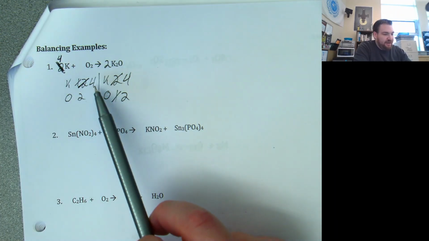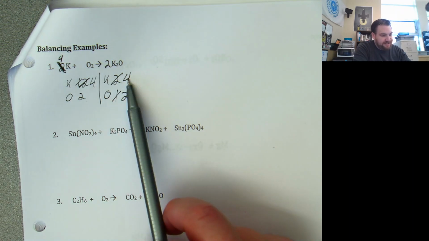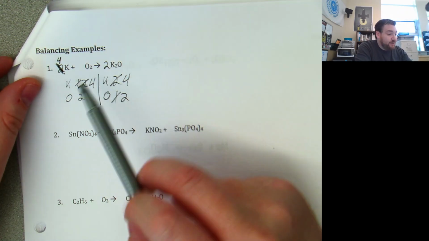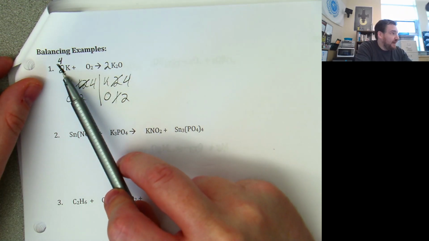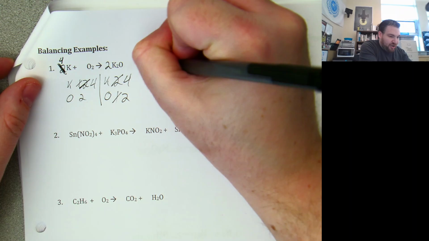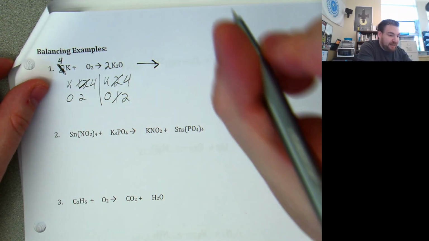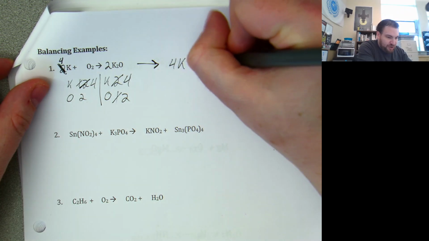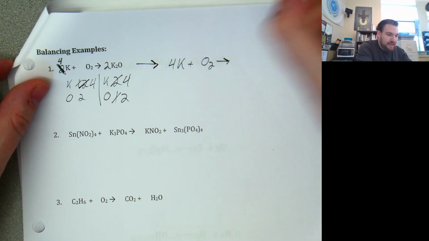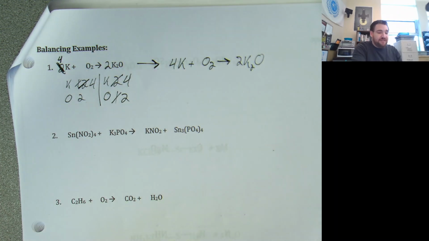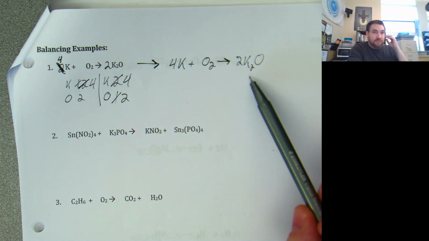And so now I've got 4 potassiums, 2 oxygens, 2 oxygens. This thing is now balanced, and this is why I said to use a pencil. Because now I've got to go ahead and rewrite this thing. So the fully balanced equation is going to be 4K plus O2 arrow 2 K2O. This is now the fully balanced equation.